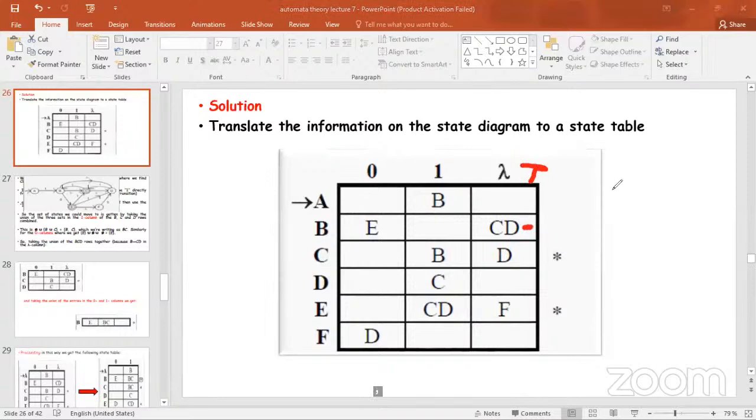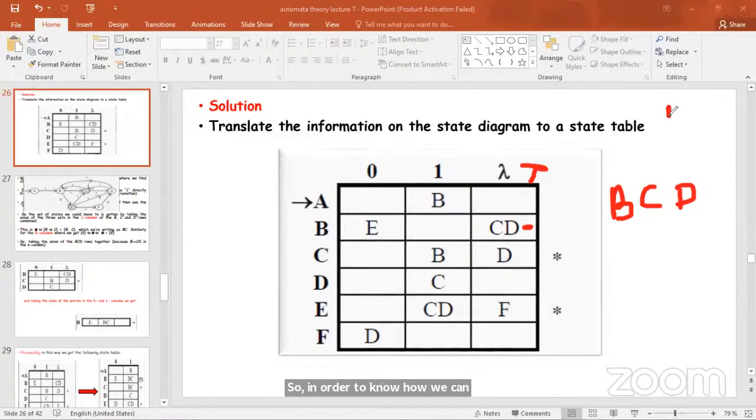B. So we write down B, C, D. So in order to know how we can use it if we have a 1 sent to us, we'll now combine everything, all the inputs under B, C, and D. So here the row for B is what?